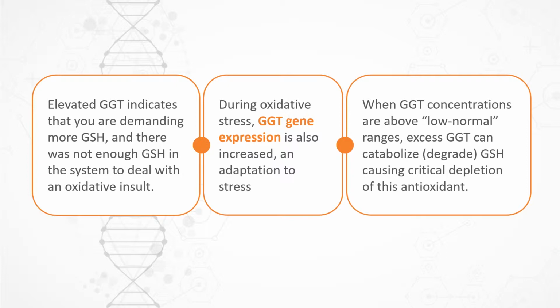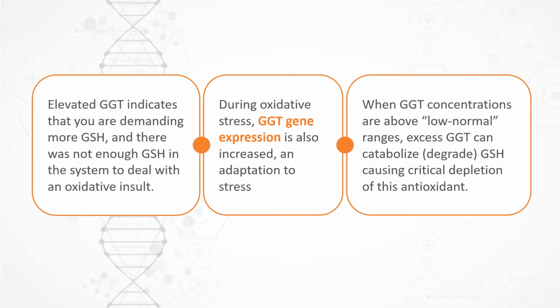And there wasn't enough glutathione in the system to deal with some oxidative insult. And what's interesting to me is that whenever you have an oxidative insult, you have an immediate upregulation of GGT. So you get a tremendous rise in GGT just from the oxidative stress, and you get a rise in GGT because your glutathione is depleted. So it's a combination of factors that's making that GGT go up.